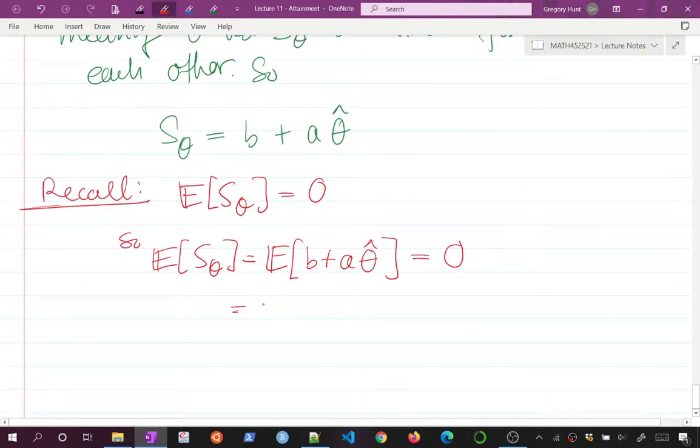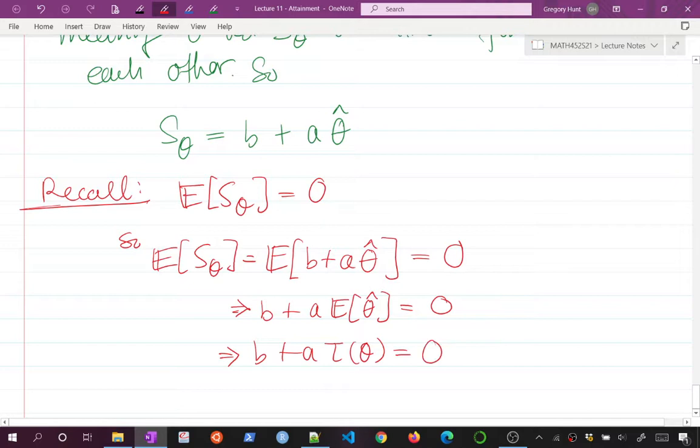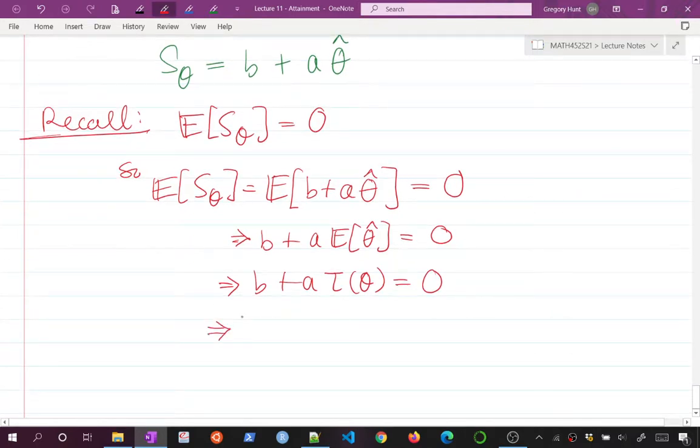And the expected value of b plus a theta hat is b plus a times the expected value of theta hat. We had a name for that, that was tau of theta, which means I don't have 2 degrees of freedom to choose both a and b. One is going to be decided by the other, because this whole thing must, in expectation, be 0. So let's just solve for b. b must be negative a times tau of theta.